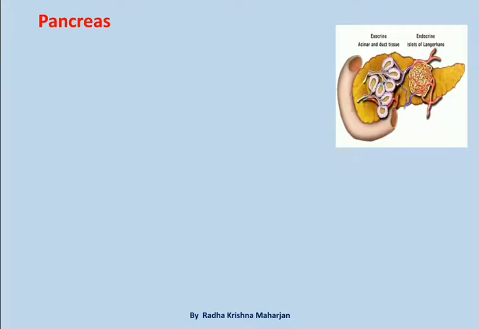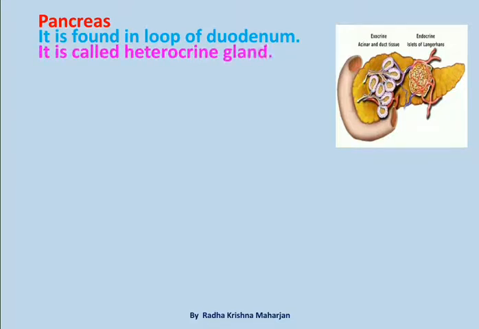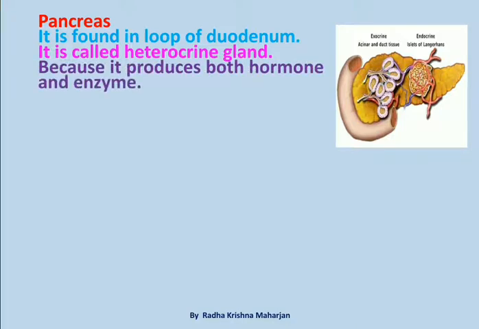Pancreas. It is found in loop of duodenum. It is called heterocrine gland because it produces both hormone and enzyme. It produces insulin and glucagon.